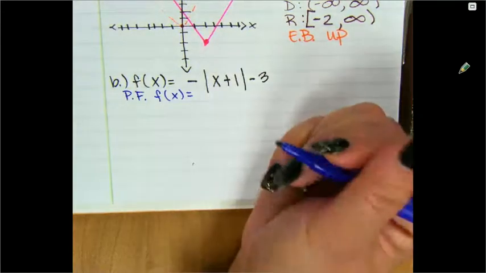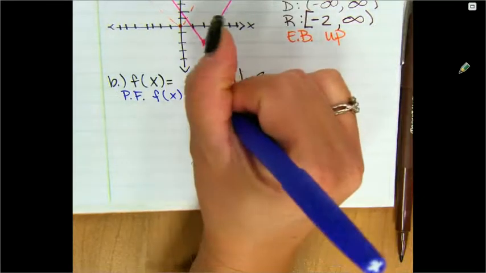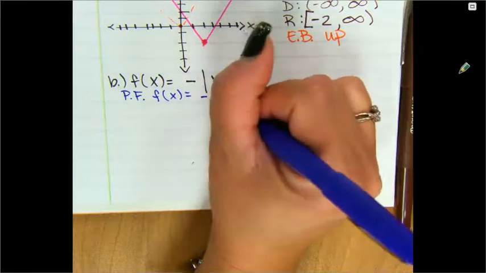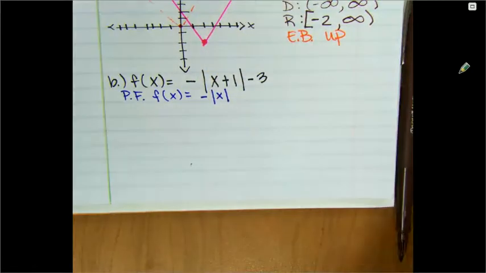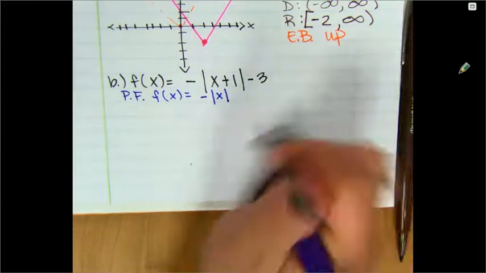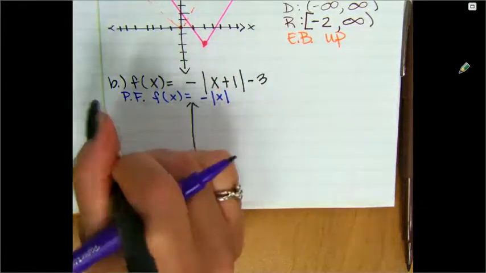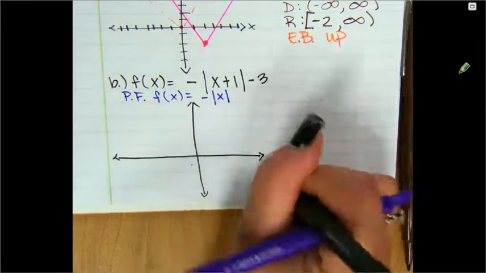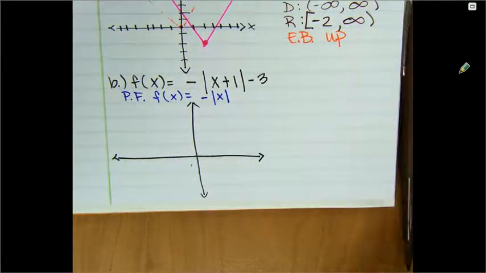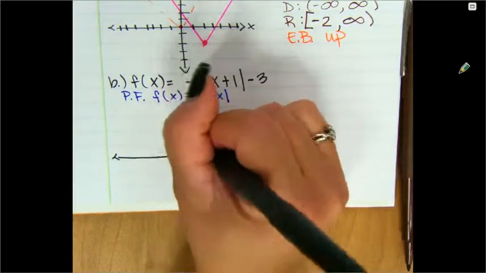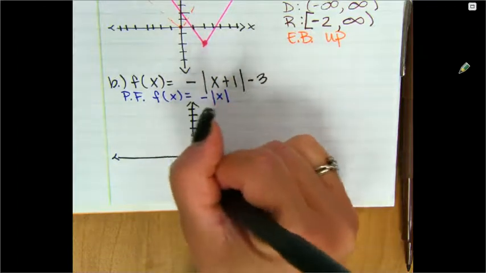Parent function is f of x equals what? Negative absolute value of x. All right, so we're going to go ahead and talk about h. What is your h? Negative 1. Why is it negative? Because it's the opposite.